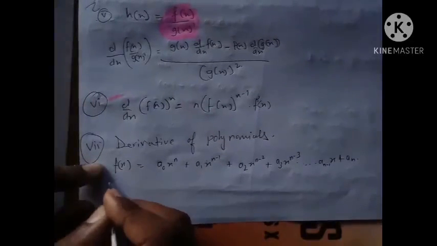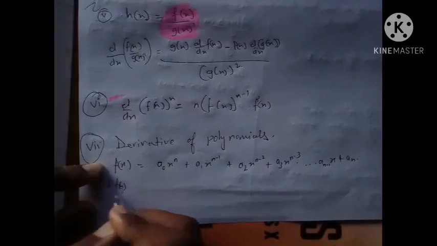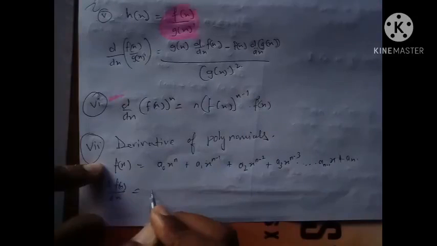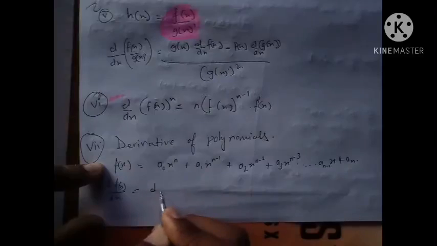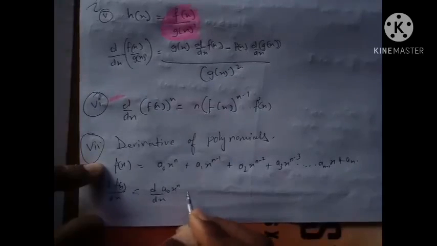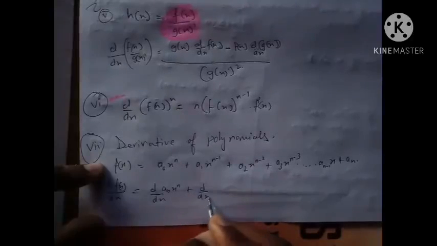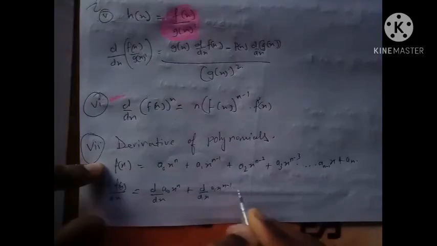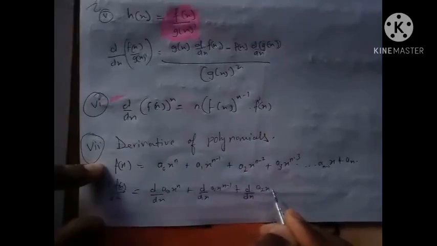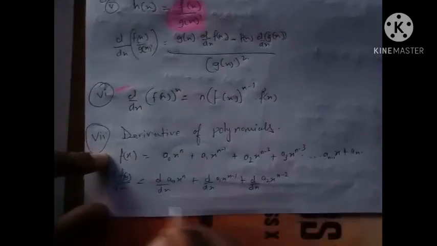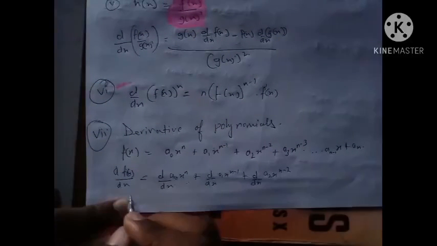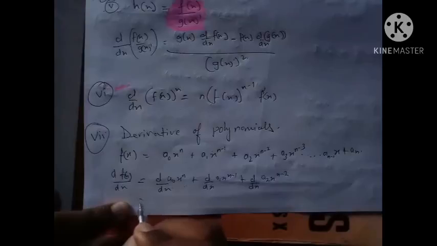When I find the derivative of this, df(x) upon dx, what I'll do is give the derivative to each and every part of this: d by dx of a naught x to the power n, plus d by dx of a1 x to the power n minus 1, plus d by dx of a2 x to the power n minus 2. So now when I find the derivative of each and every particular term, you guys can have a look.